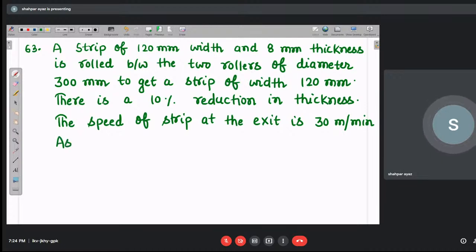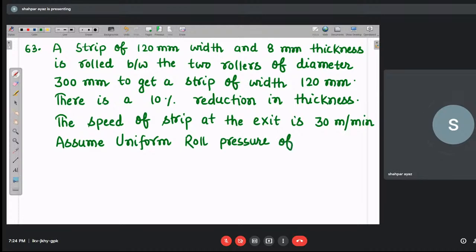Assume uniform roll pressure of 200 megapascal in the deformation zone.